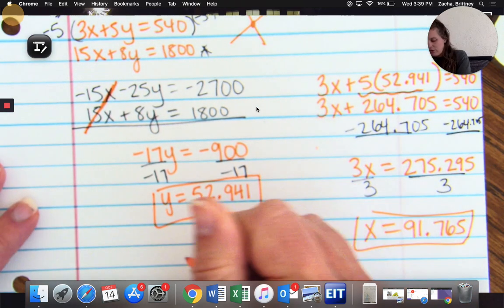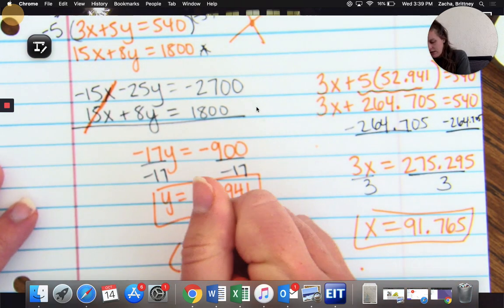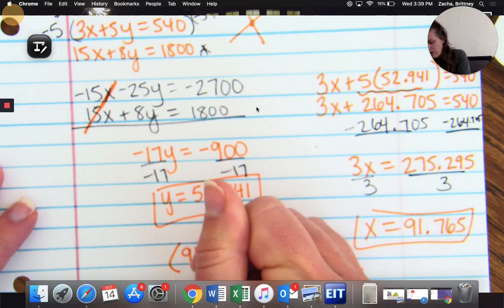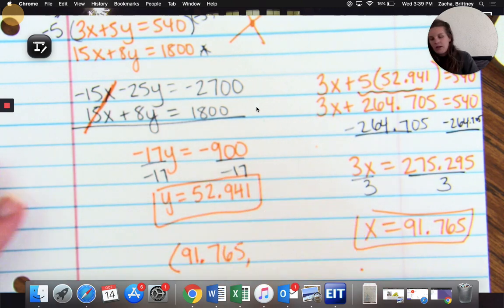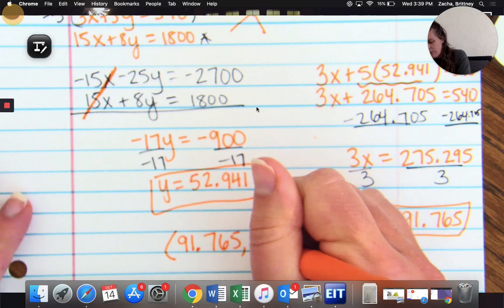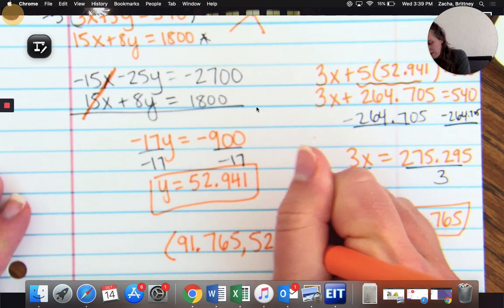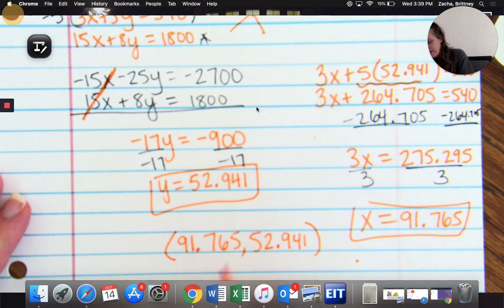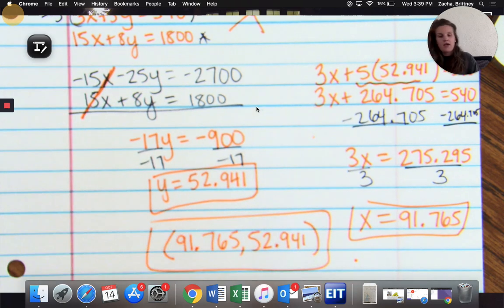So put your x-coordinate first, and again, that's our last vertex that we needed, comma, 52.941. Okay, and then we can check to see in Desmos that these lovely numbers match.